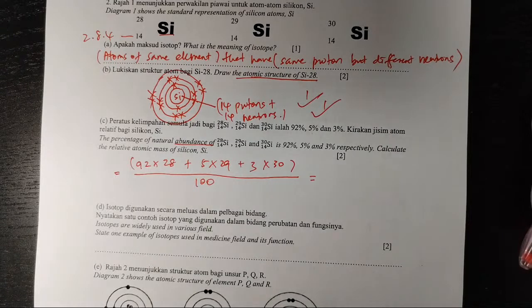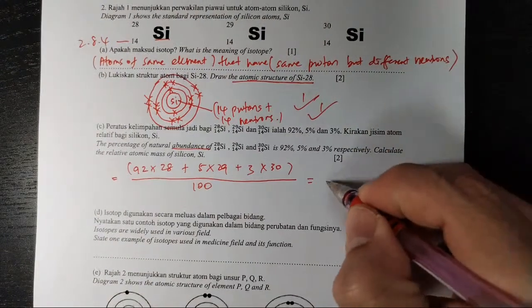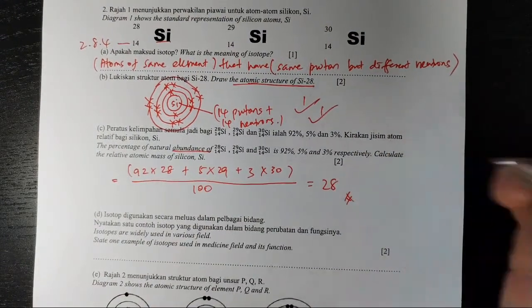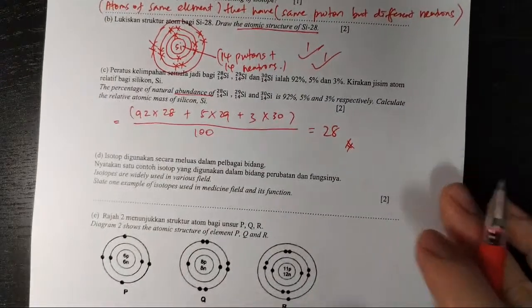Use your calculator, and you will get 28. So the relative atomic mass is 28.